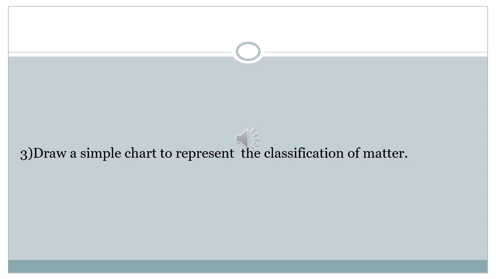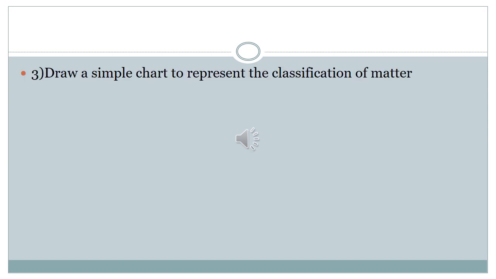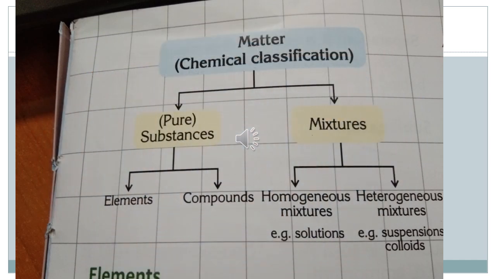The question is, draw a simple chart to represent the classification of matter. Write this question. Answer will come. Okay children, draw this chart. Matter, within the bracket, chemical classification, that is pure substances and mixtures.